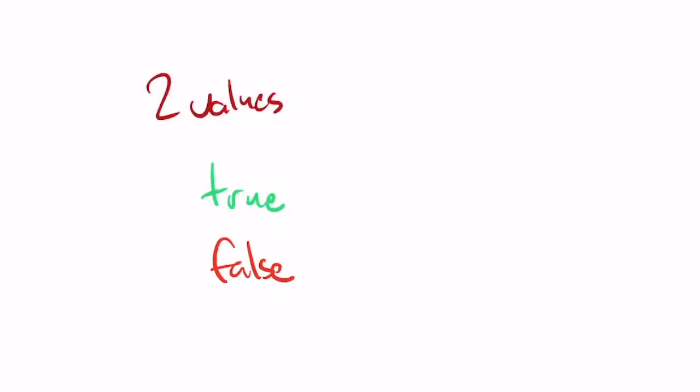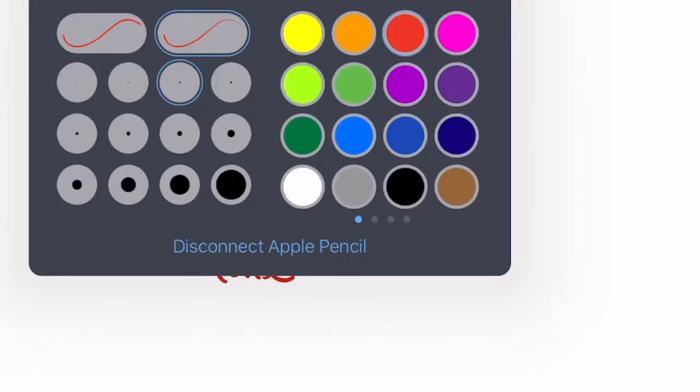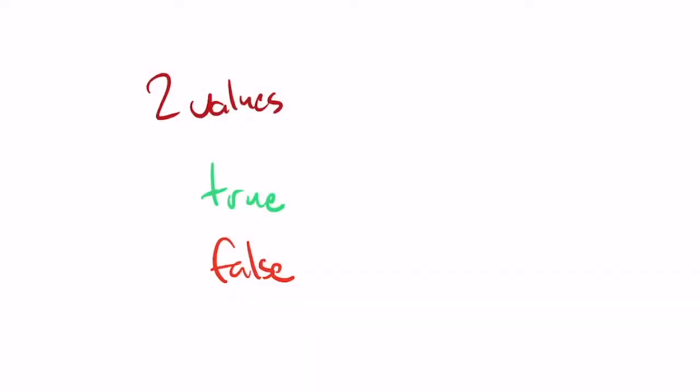Okay, so as we know, Booleans have two values. Either it can be true or it can be false. So there's this very common thing that we can do with Booleans. Say we have Boolean A is equal to, let's say, true.